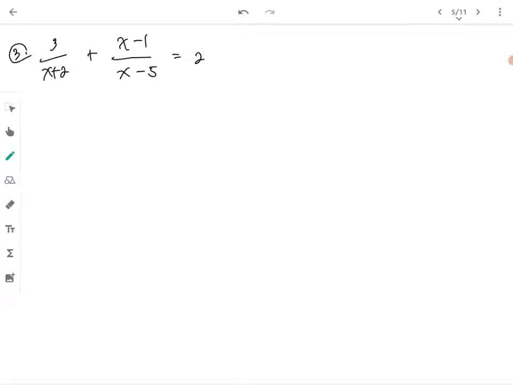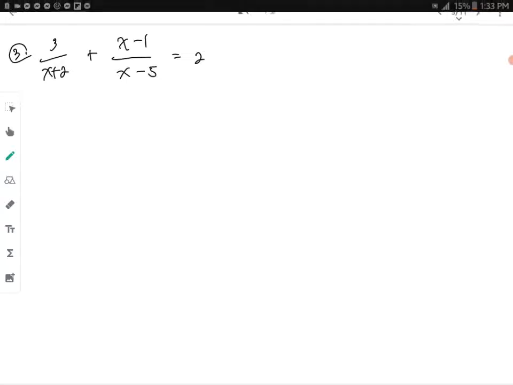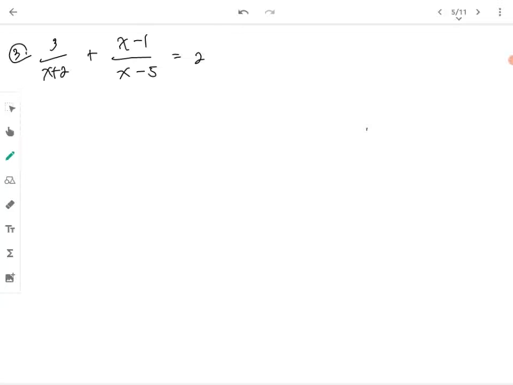Number 3, our LCD, no need to factor our denominators, meaning we need to find right away our LCD, which is x plus 2 and x minus 5.